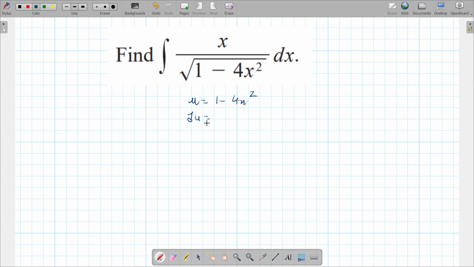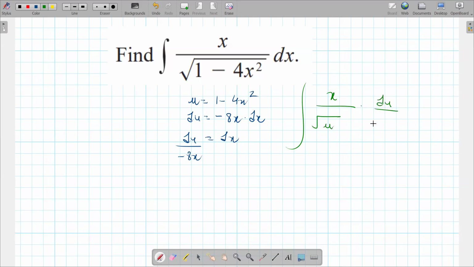It's negative 8x times dx, and again, there's two variables here, so we have to be careful with the variable. Again, we've done this a few times. You'll see that it's not that difficult. This is the same thing we did every single time. Now here, I'm just going to replace this with u, right? And dx with du over negative 8x. This entire thing is u, right? And again, things cancel out and we're done.